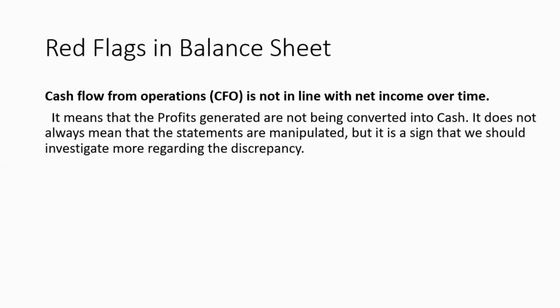If the company is reporting net income, then we should see it realized in cash flow from operations. If we are not seeing it, then a question arises: what's happening? Why is the net income reported by the company not showing up in cash flow from operations? So this will be the first red flag.